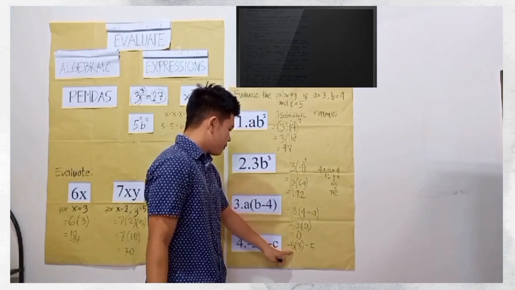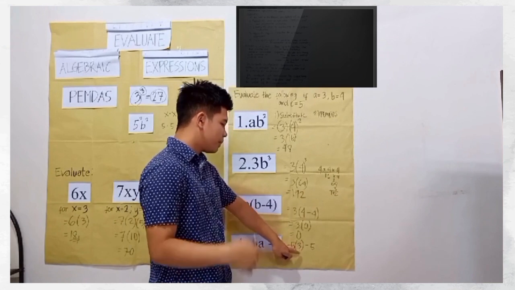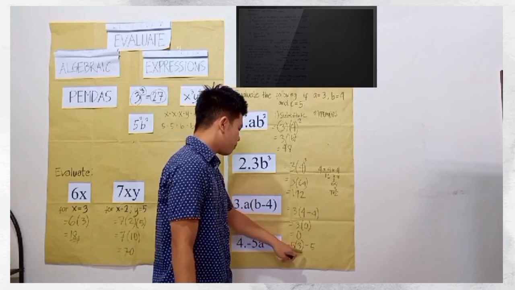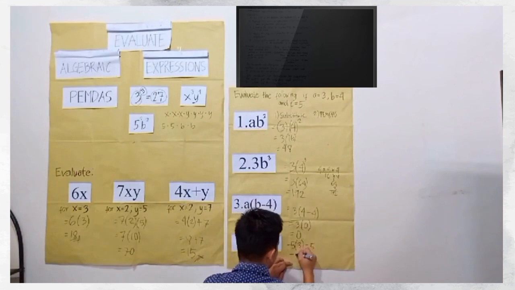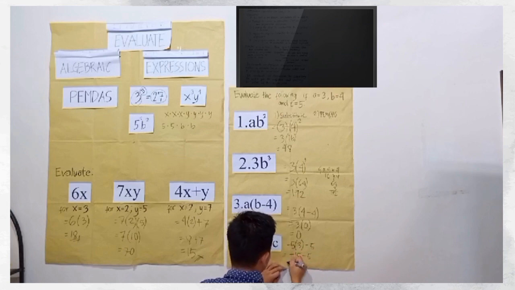Following the PEMDAS, we have the parentheses, so our multiplication: negative 5 times 3 is equal to negative 15. And negative 15 minus 5 is equal to negative 20.